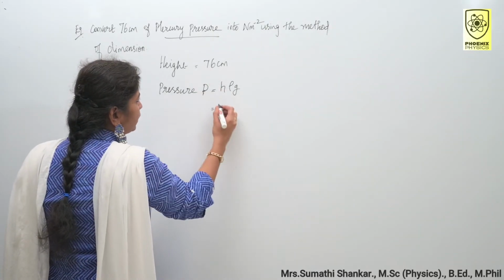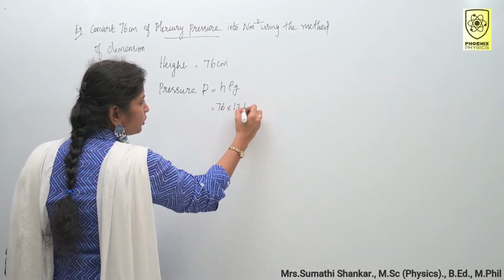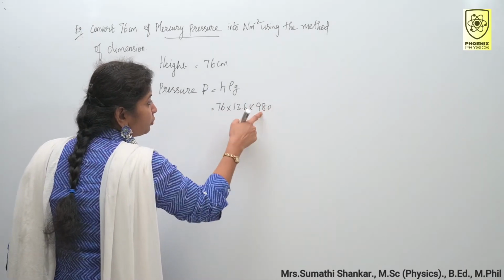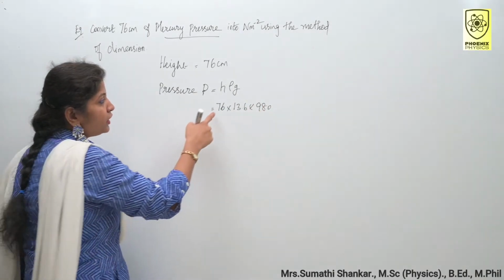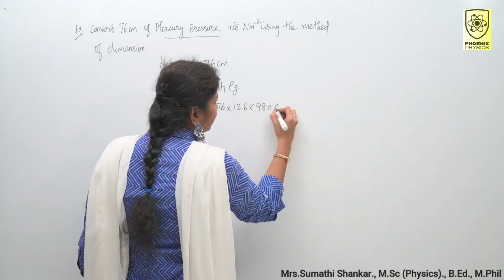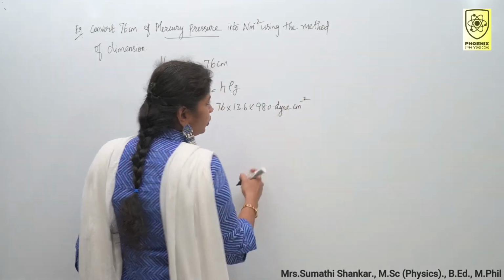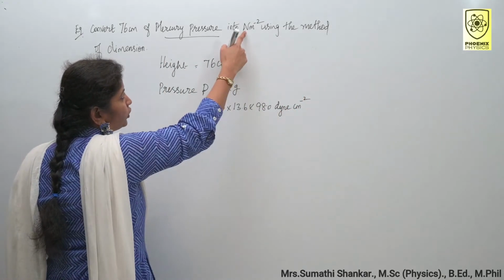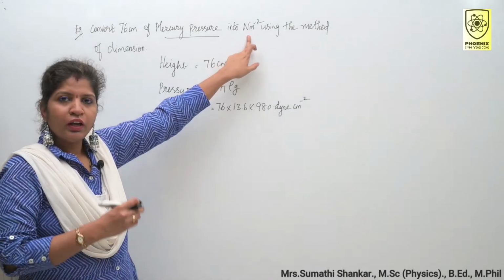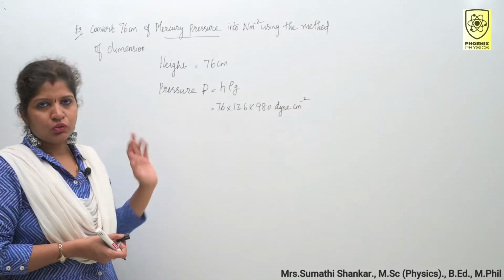Here height is given 76, rho is 13.6 for mercury, then G is 980. Why I am writing 980? Because these units are in the CGS system, so we can write it as dyne centimeter minus 2.